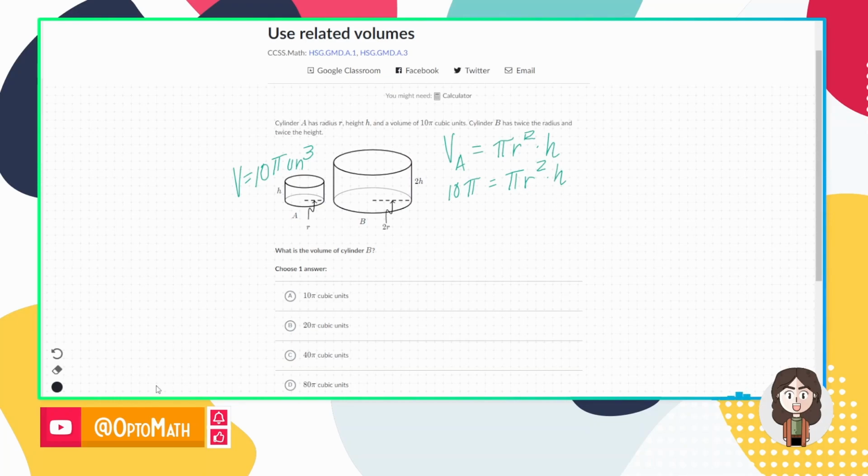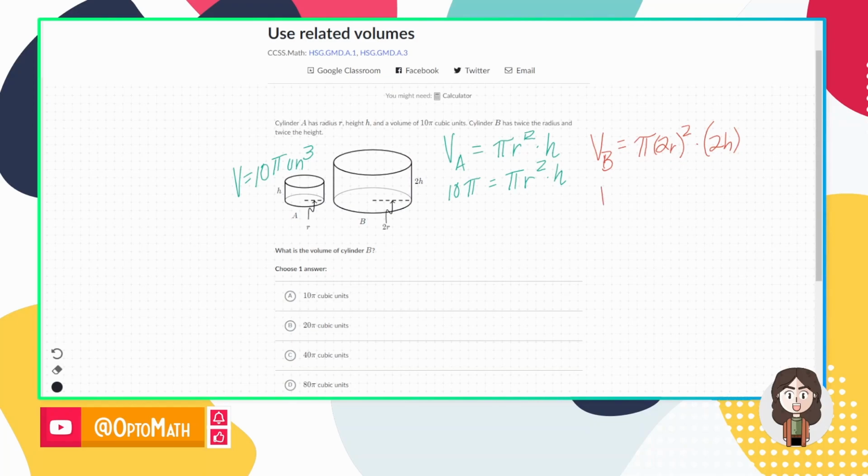Now let's write the formula for the volume of cylinder B. All we know is that the radius and the height is double. So we're going to put 2R and 2H.